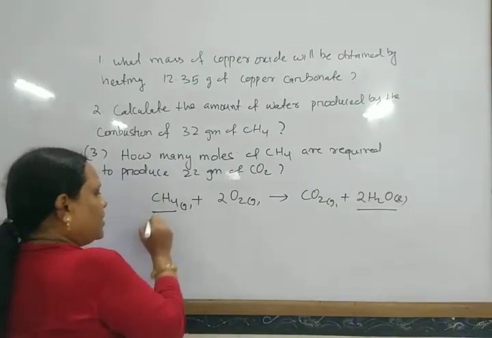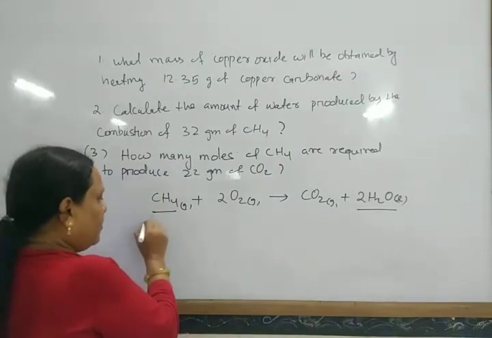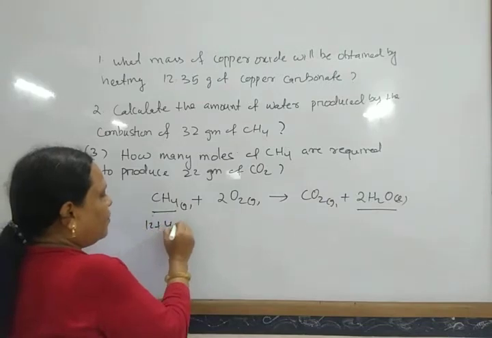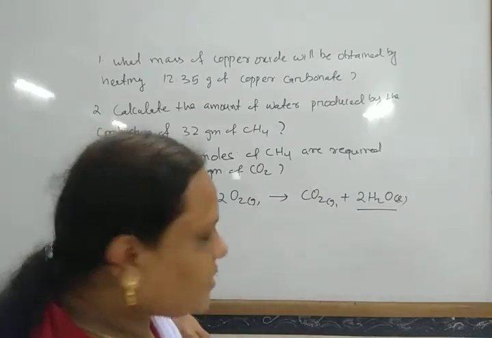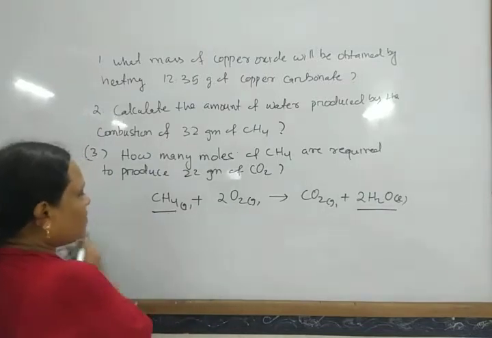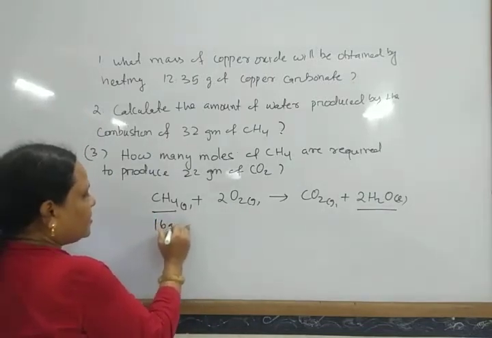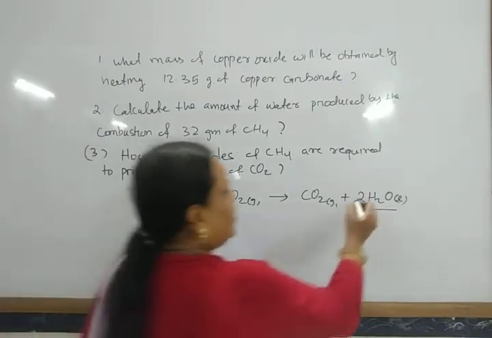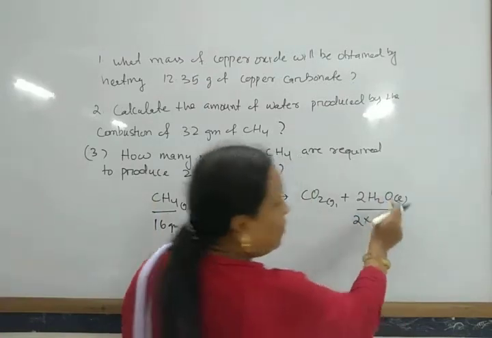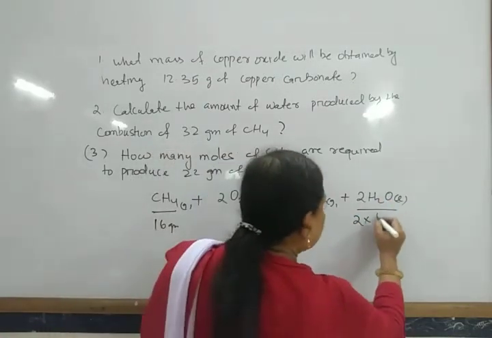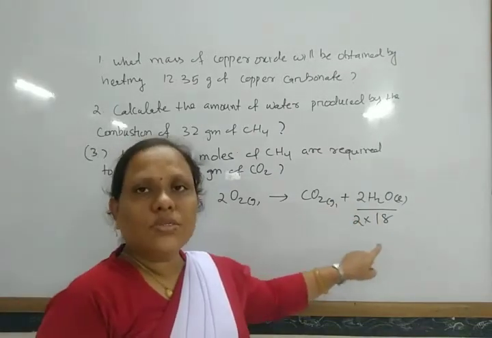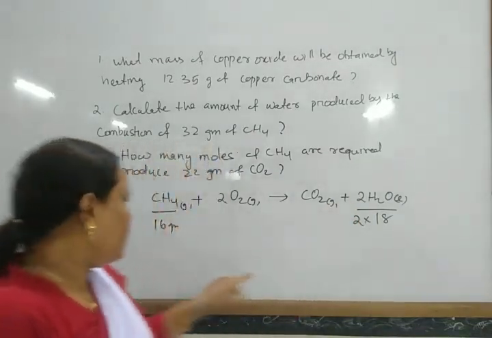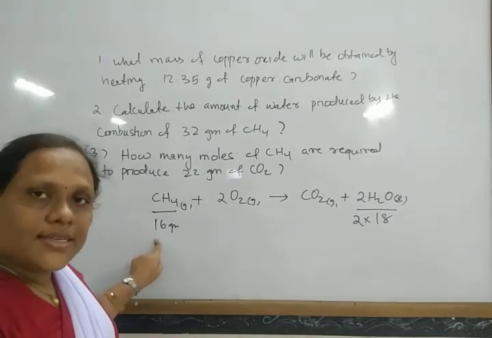For 1 mole, its weight is 12 plus 4, that is equal to 16 gram. So its gram molecular mass is 16 gram, and water has molecular mass 18 gram. As it is given 2H2O, so 2 into 18 gram, that is 36 gram.